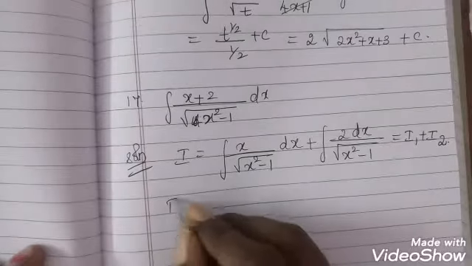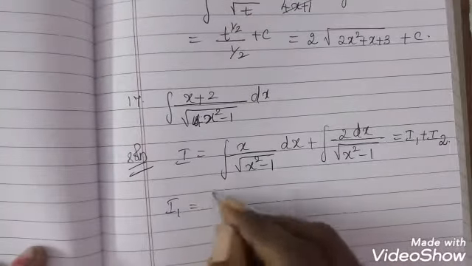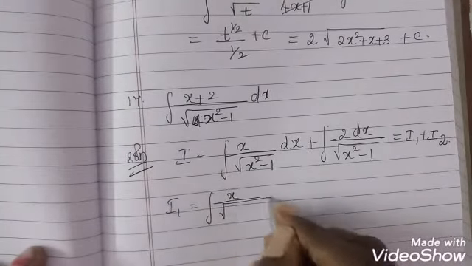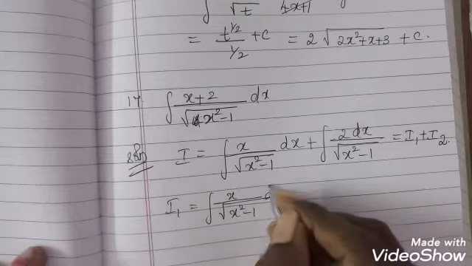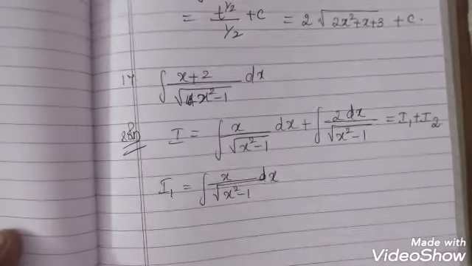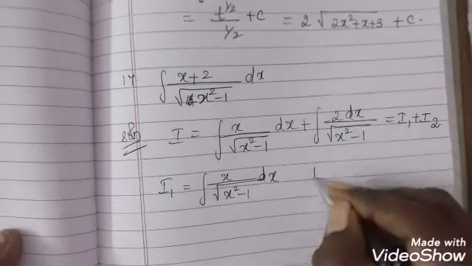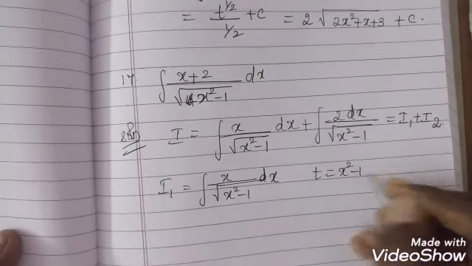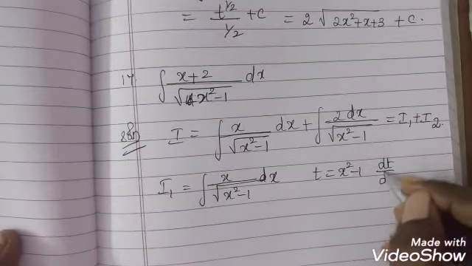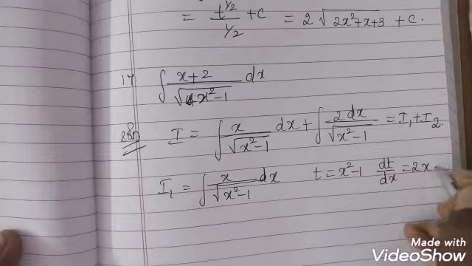So first we'll write what is I1. What is I1 here? It's equal to integral of x divided by square root of x squared minus 1 dx. Now when you look at this integral, what can you think of? Yeah, you can solve it by the method of substitution. What is your t equal to? x squared minus 1. What is your dt by dx equal to here? It is equal to 2x.